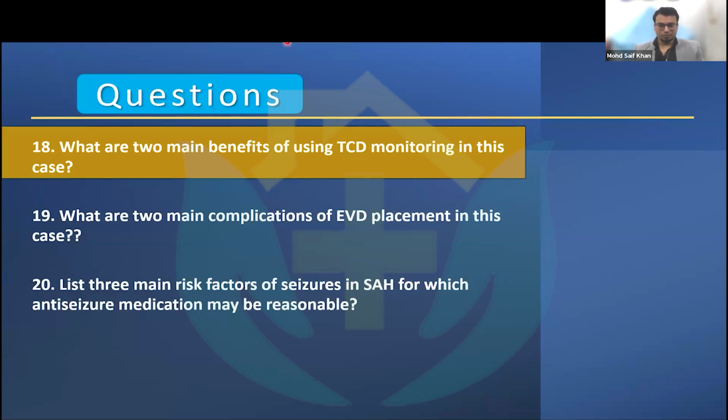To remove the operator dependence and improve validity, nowadays they are doing continuous TCD monitoring with a special Doppler probe which you can put on the forehead, and then monitor the cerebral blood flow, the MCA velocities. So TCD is good because it is cost effective, it can be repeated, and it is non-invasive, continuous.